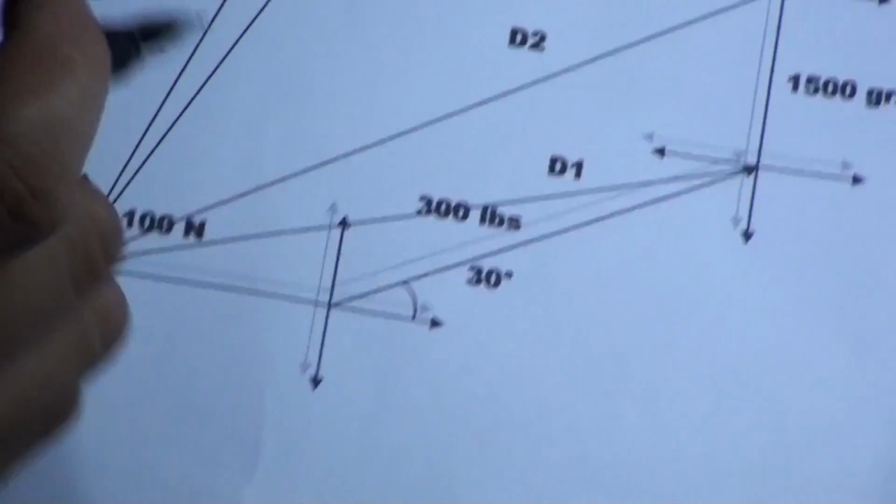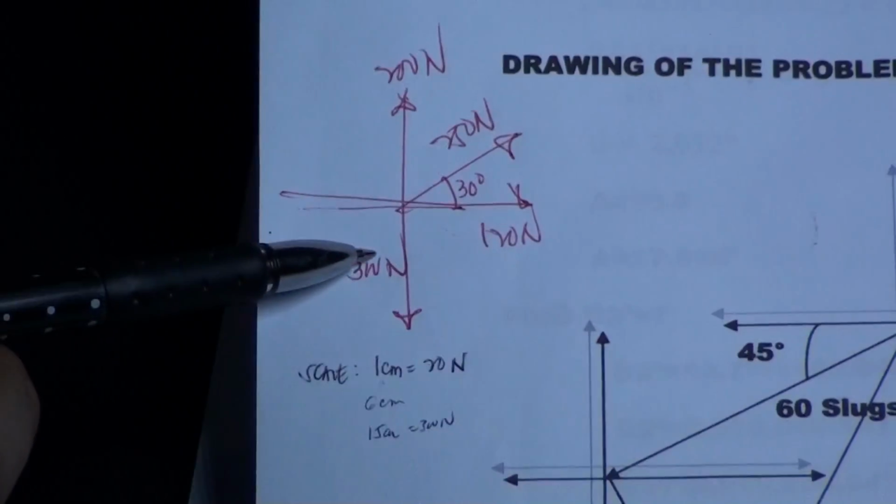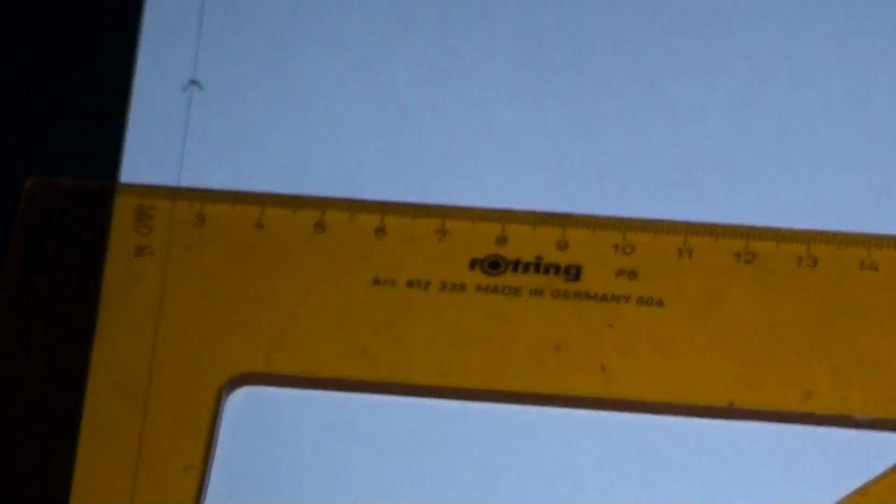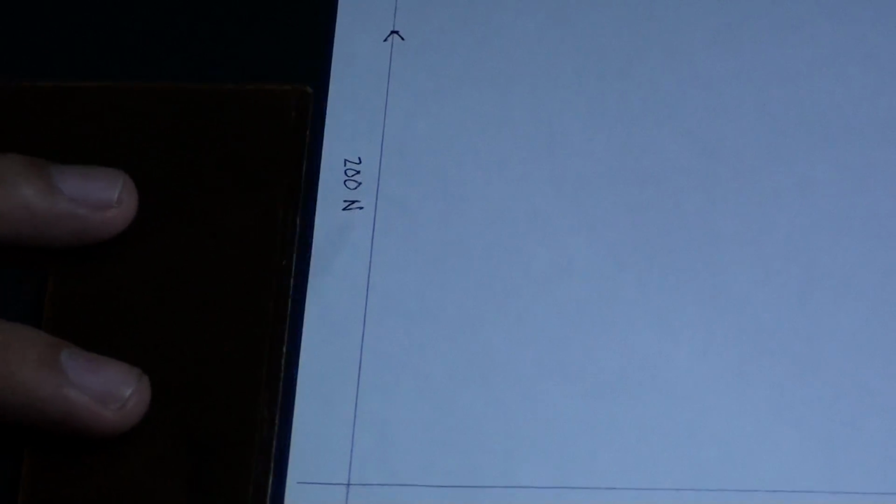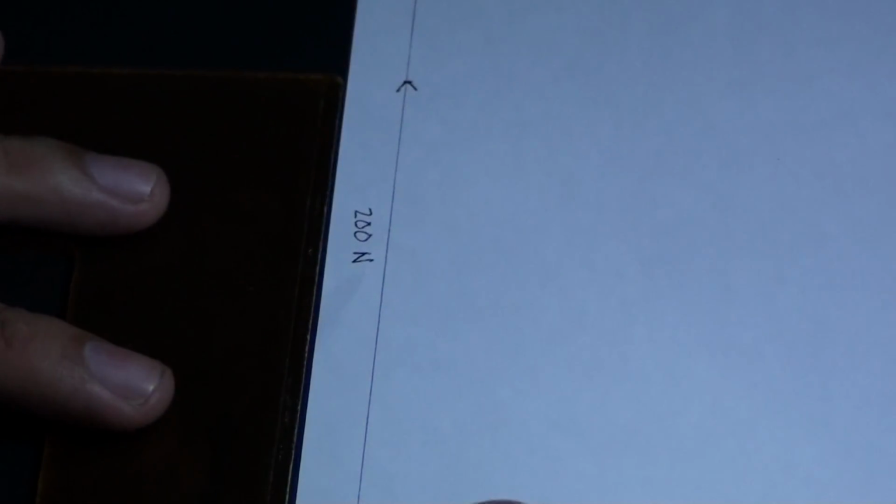The next is you plot the 250 newton, which is inclined at 30 degrees. So all you have to do is to make another vertical line. Here we go.